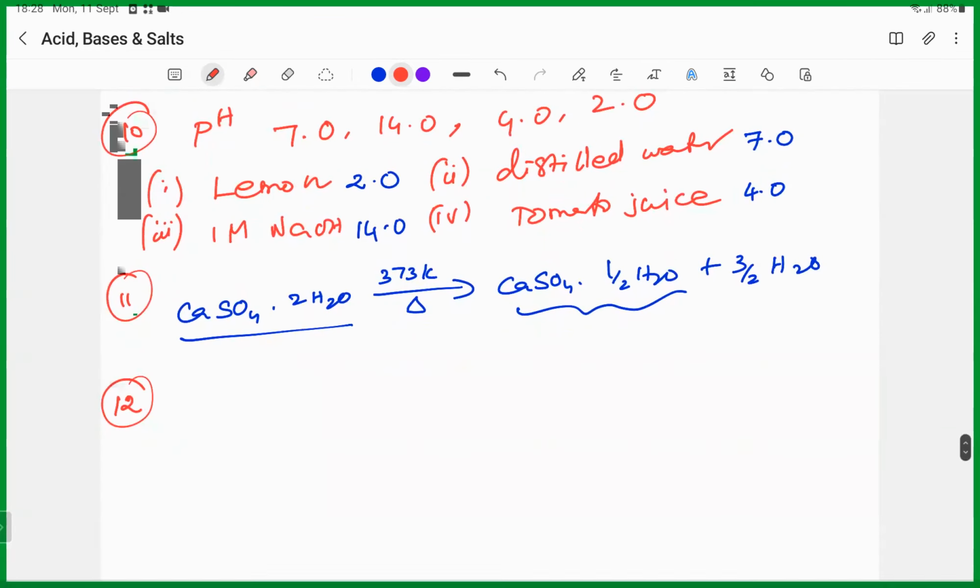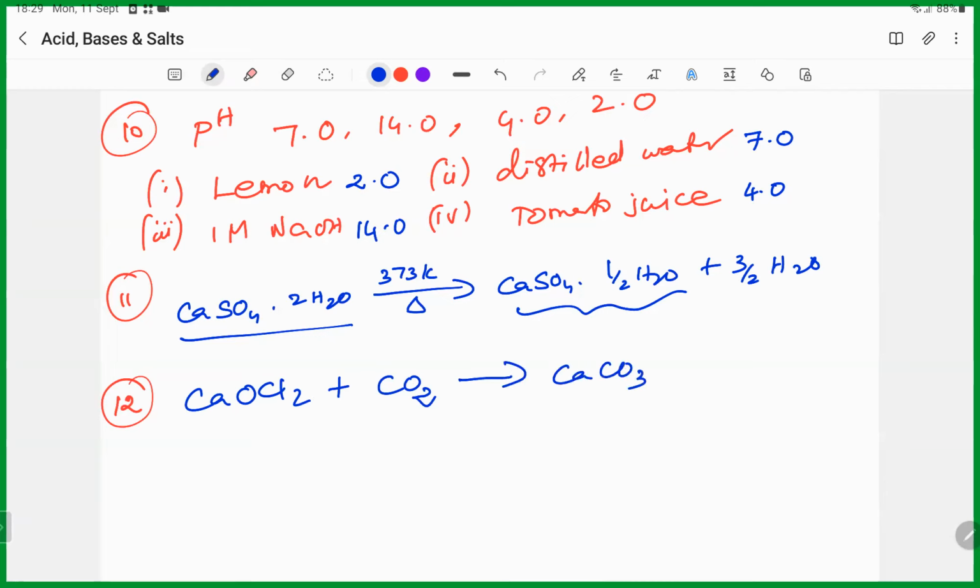So bleaching powder, what is the reaction happen when you expose to air? So what is the formula for bleaching powder? CaOCl2. When you treat with the air, it absorbs the carbon dioxide from the air. It will form the calcium carbonate, white in color. When you are putting, it is yellowish white.